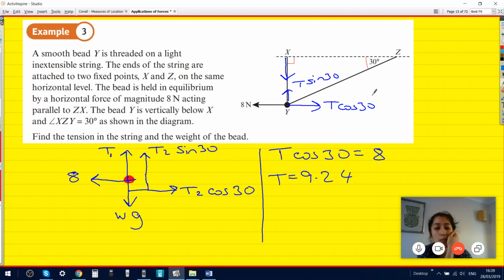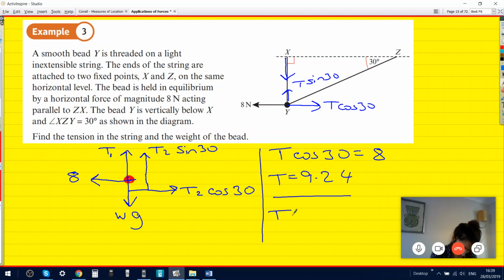And the weight of the thing. W equals T sine 30, then put the T in and you find W. Don't forget, it's going to be weight times gravity, because it's newtons. So T sine 30 equals WG.